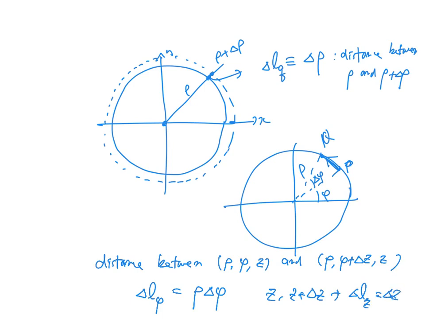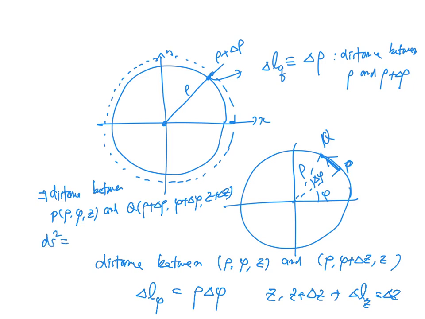So the question is then the distance between point P (rho, phi, z) and Q (rho plus delta rho, phi plus delta phi, z plus delta z).